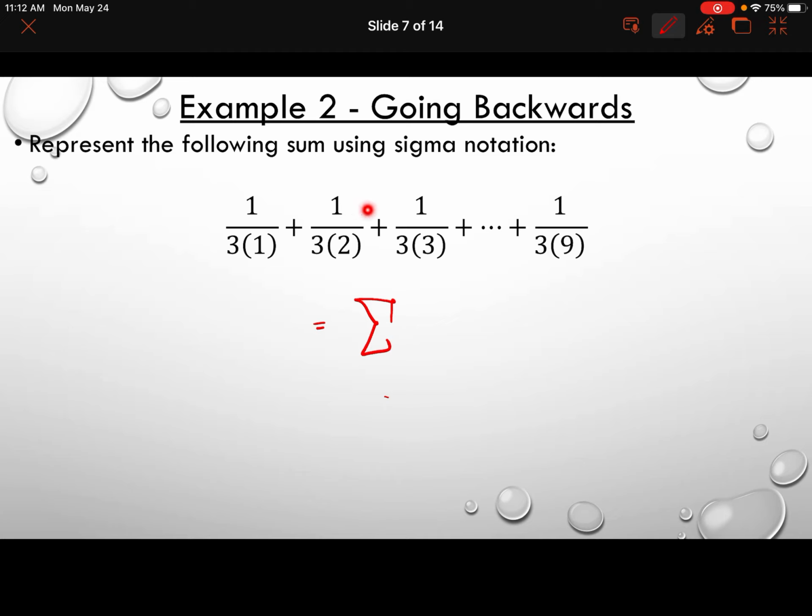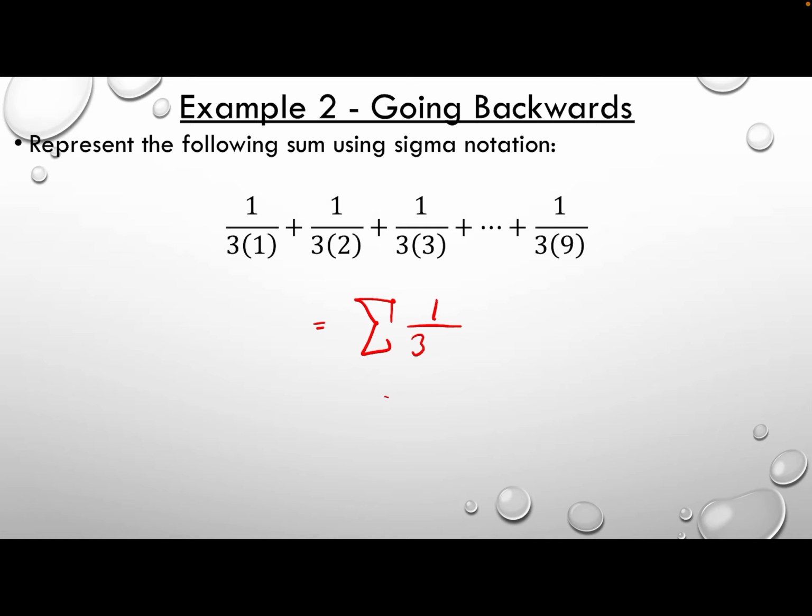Let's see. There's always a 1. Okay, so there's always a 1 for each of the terms. It looks like there's always a 3, right? There's always a 3. And then it looks like the only thing that changes is the number next to 3, or the number being multiplied by 3. So the number being multiplied by 3 varies.